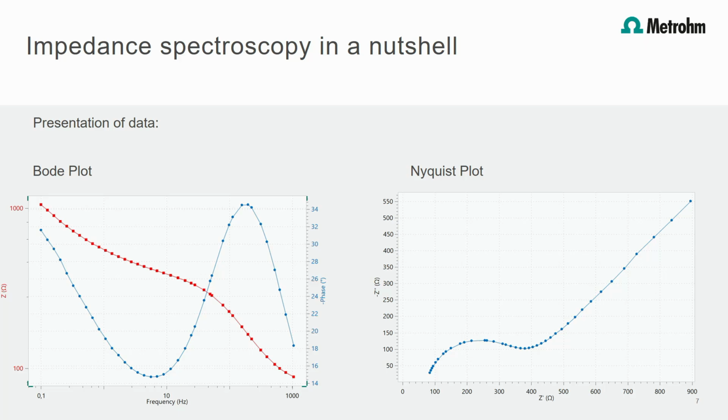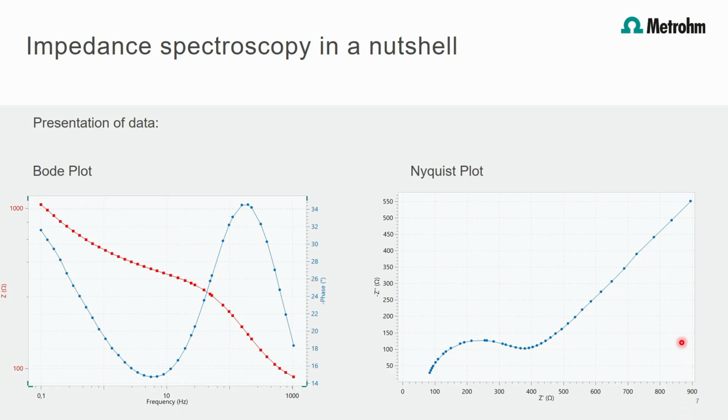Phase angles up to -90 degrees indicate the existence of a capacitance like the electrode-electrolyte double layer. Phase angles between 0 degrees and -90 degrees indicate the coexistence of ohmic resistance and capacitive behavior or diffusion processes.